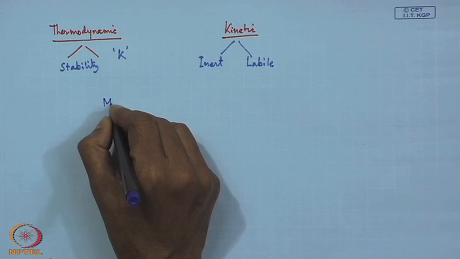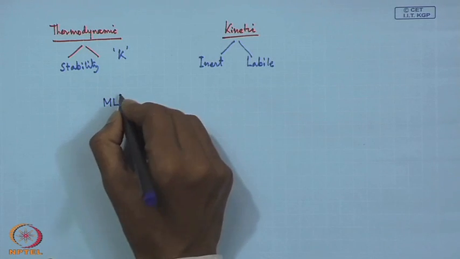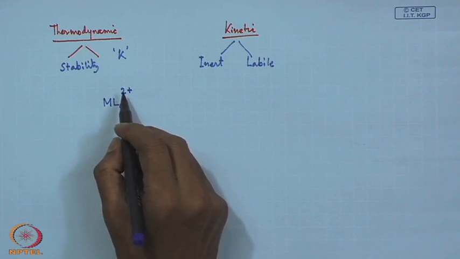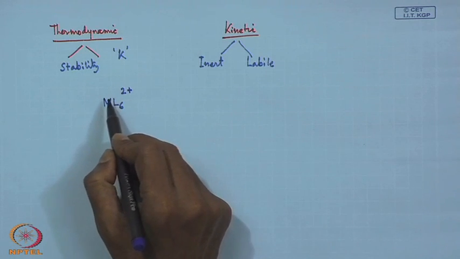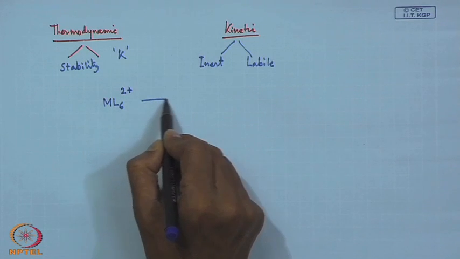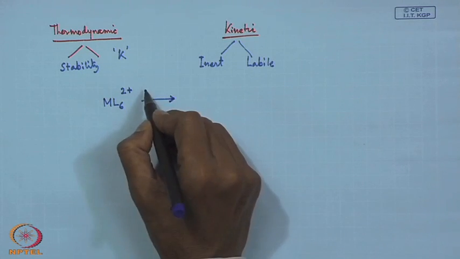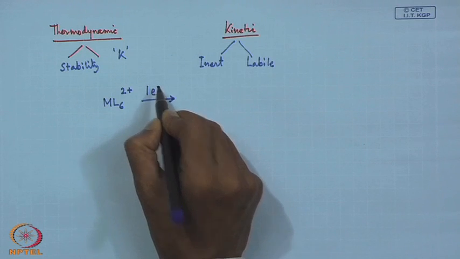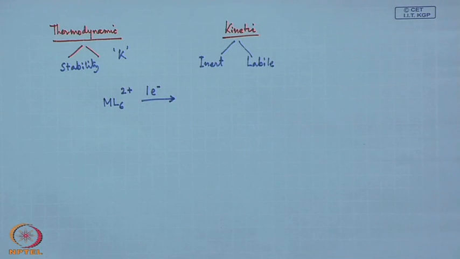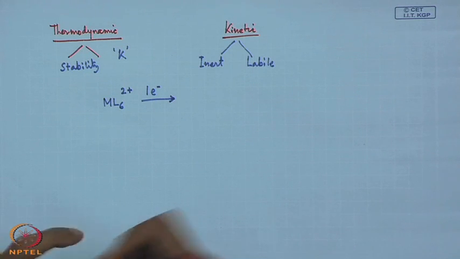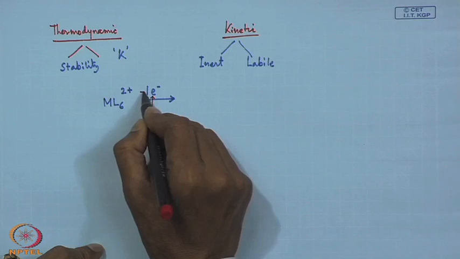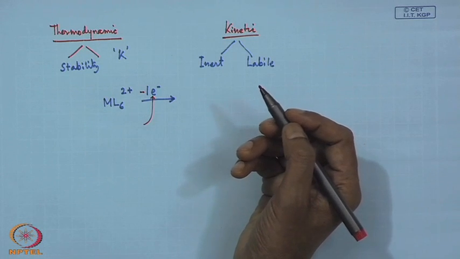So, if we have ML6 which is 2 plus, then apart from ligand substitution, ligand dissociation or addition reaction, it can also go for one electron loss, and then some other species should be available which can take up this electron.